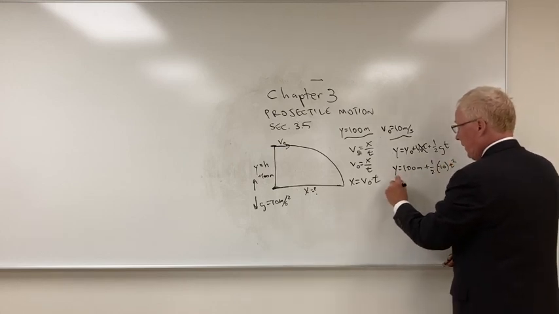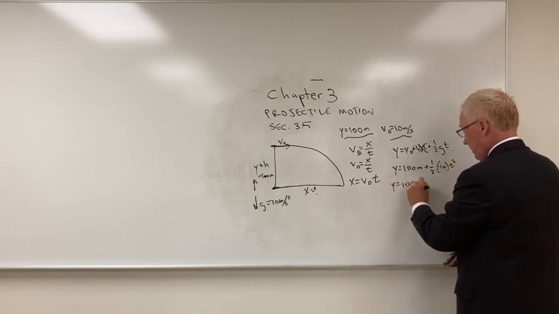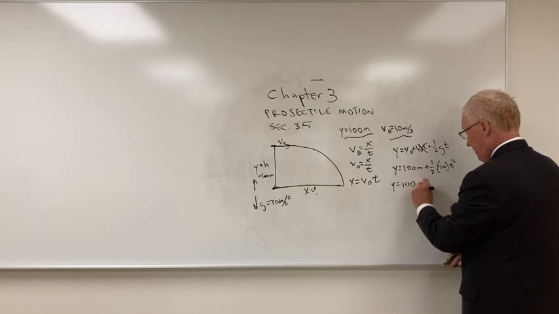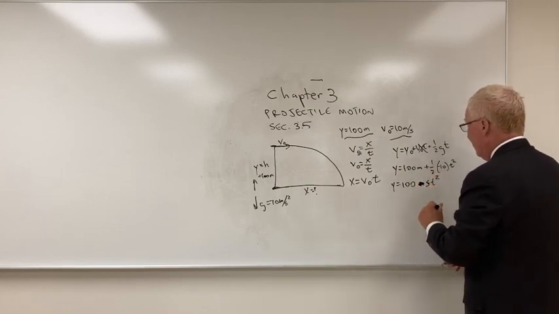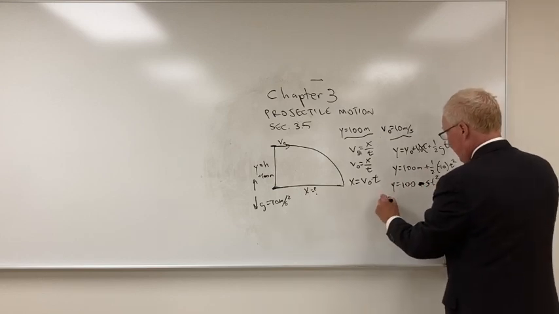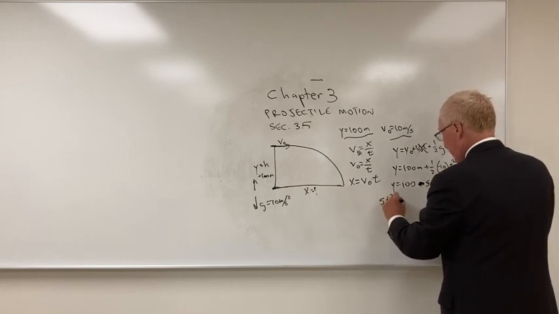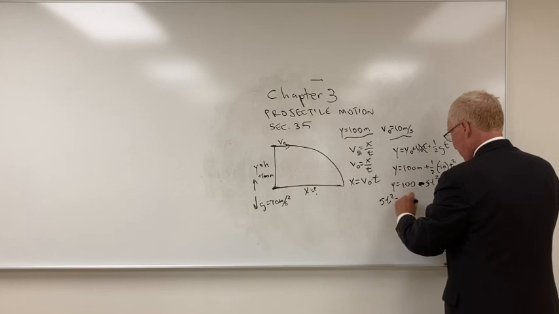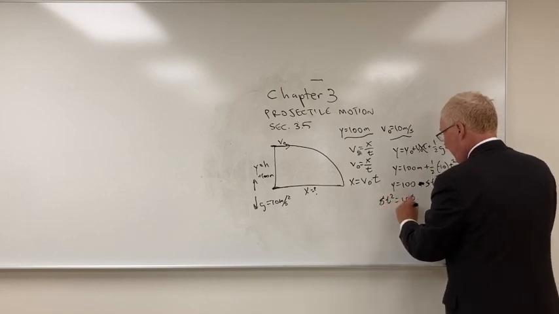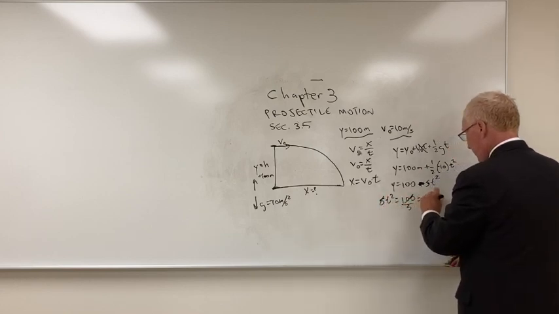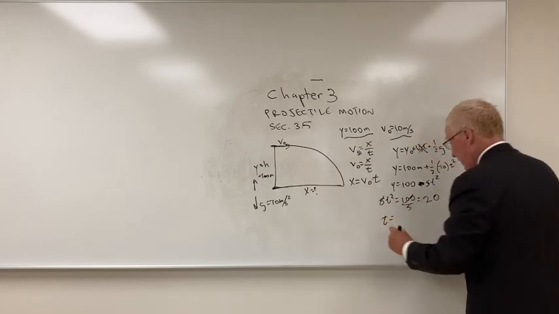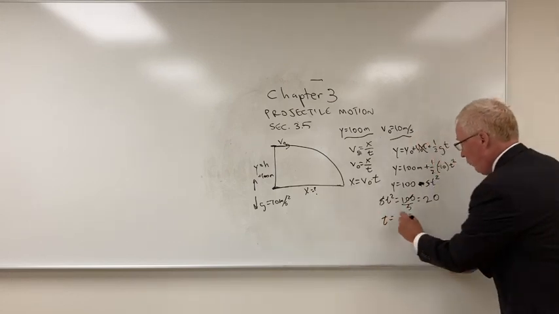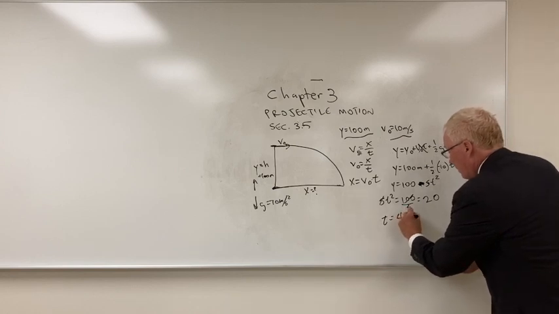So y is equal to 100 plus minus 5t squared. Move that over to the other side. 5t squared is 100. Divide both sides by 5, we get 20. And so t is approximately 4.4 seconds. All right?